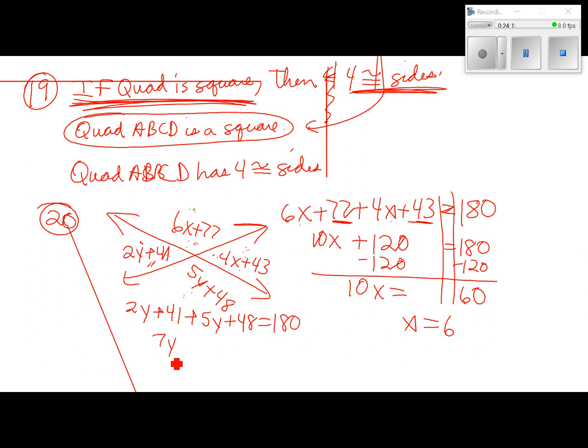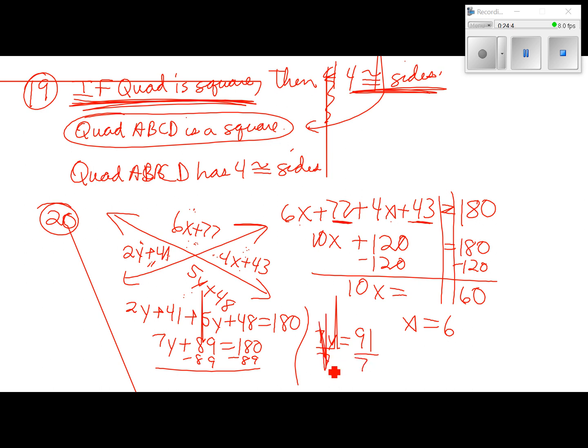That's 7y plus 89 equals 180. Subtract 89 on both sides. I'm going to run out of space there, so I'm going to move over here. 7y equals 180 minus 89, which is 91. Divide both sides by 7.